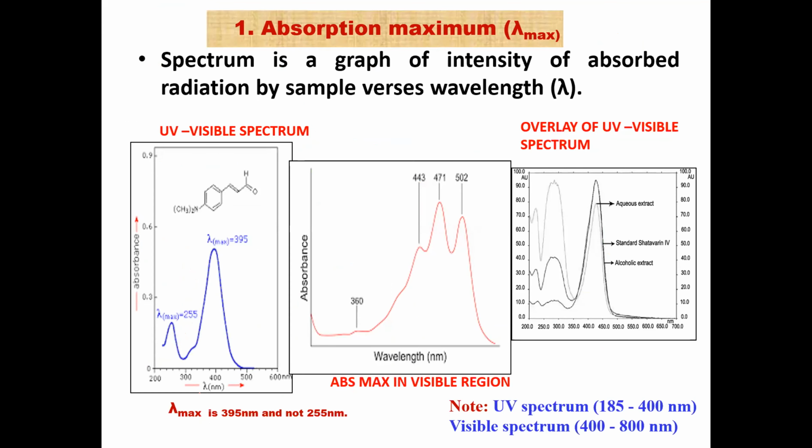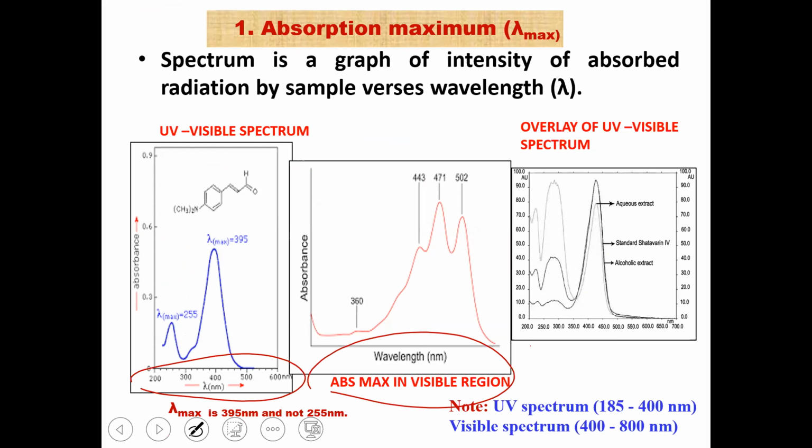And next is absorption maximum, the next terminology, which is expressed as lambda max. Students always get confused: when we ask them to define lambda max, they say it's the maximum wavelength. Definitely not. It is not the maximum wavelength. It is the wavelength at which maximum absorbance is achieved. So first you should know how to identify the spectrum, whether it is UV, visible, or UV visible.